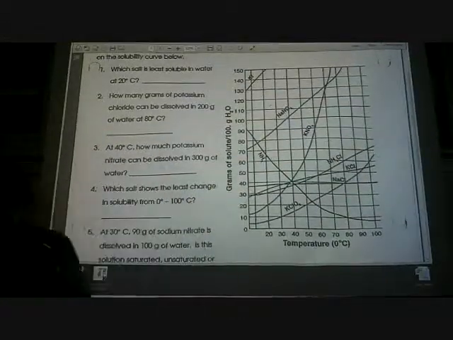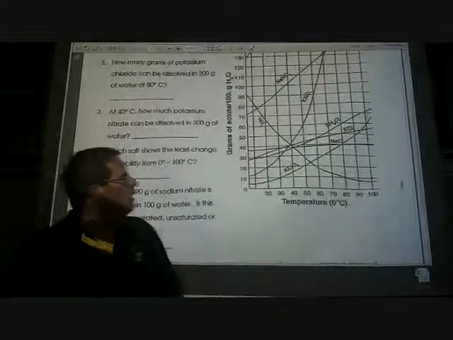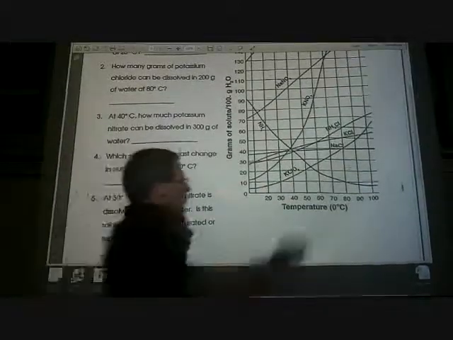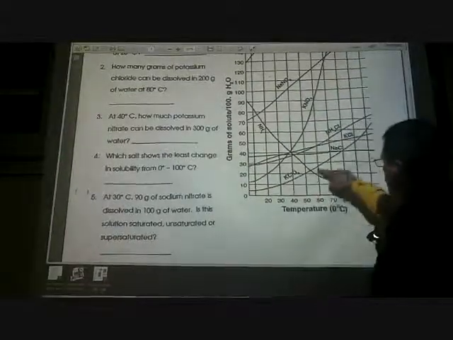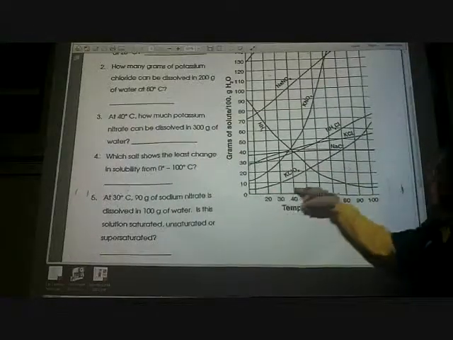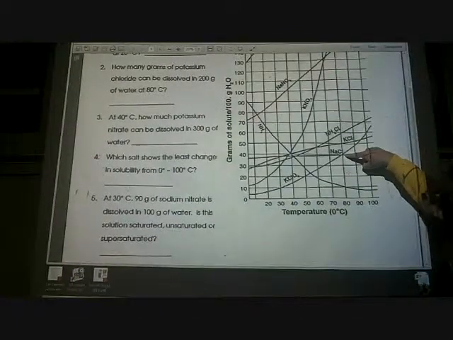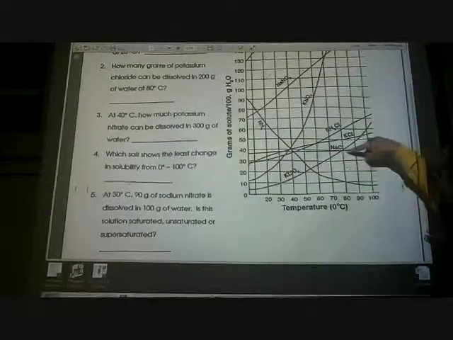Wait, can you go over number 6 again? Number 6. Okay? So we have a saturated solution of our potassium chlorate. So again, at these respective temperatures, that is saturated. In other words, we can't hold any more of the ions in solution. So if we go from 80, how many grams can we dissolve in there? 40, yeah, KClO3 here.